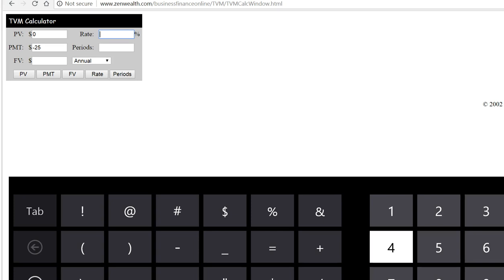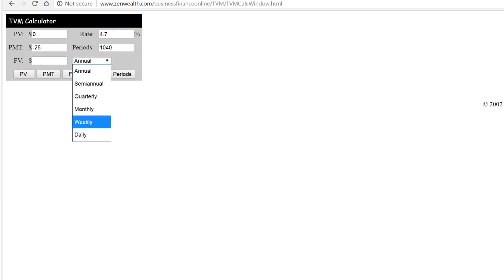The interest rate was 4.7%. And the periods are 1,040, coming from 52 weeks in a year for 20 years. Now we need to change this drop-down from annual to weekly. Then we press the button we want, which is future value.